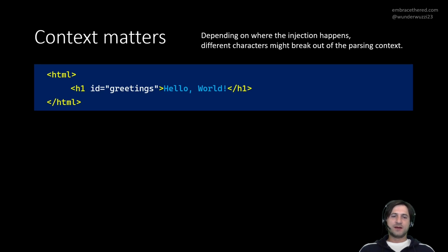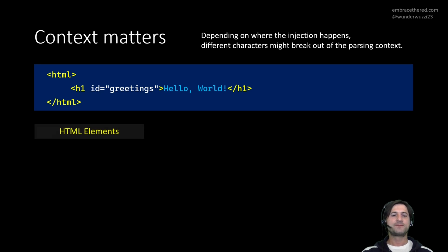Context matters. Depending on where the vulnerability of the application is, different variations of the attack need to be experimented with and figured out. If you remember from our introduction session about web applications and how HTML works, there are different kinds of things in HTML.